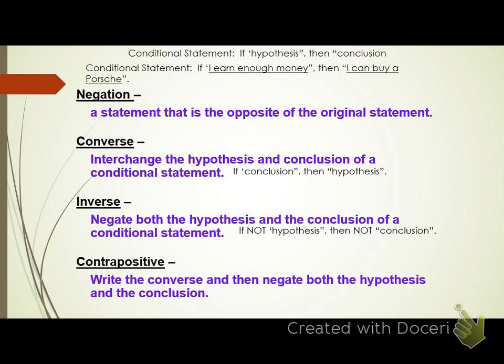The contrapositive is created by taking the converse and negating that, right? So switch it and negate the statements. In other words, switch first: I can buy a Porsche, and then negate it.